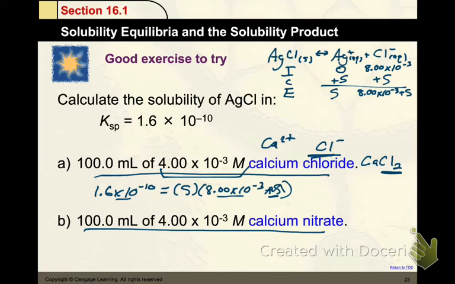Or you can do it in your solver again. Just make sure you put in a small enough x before you hit your solve.